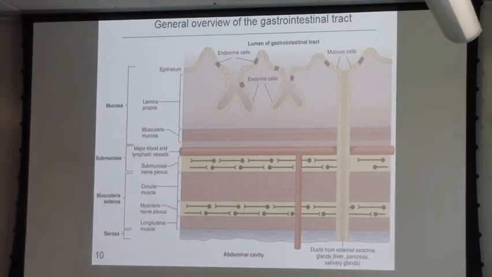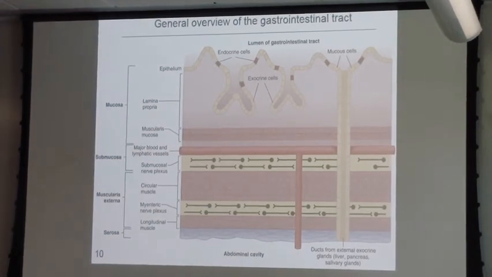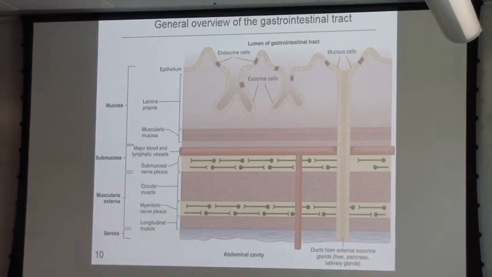If you squeeze it from the bottom up, you get toothpaste out the top, and you are doing peristalsis. You are squeezing it from bottom to top in order to get movement of the paste, the fluid, the gel, from here to here. Right? That's peristalsis.